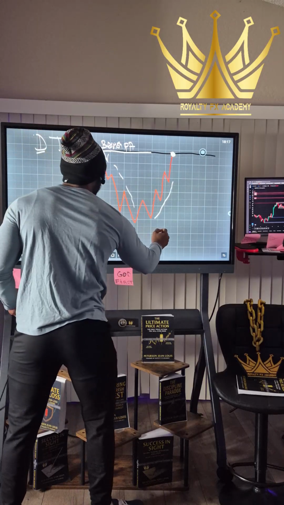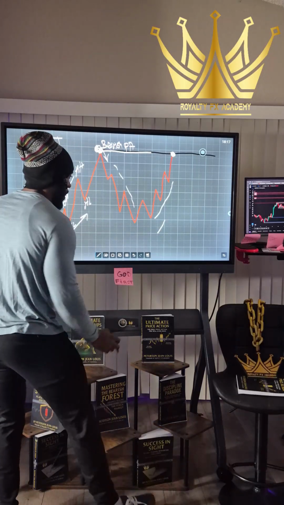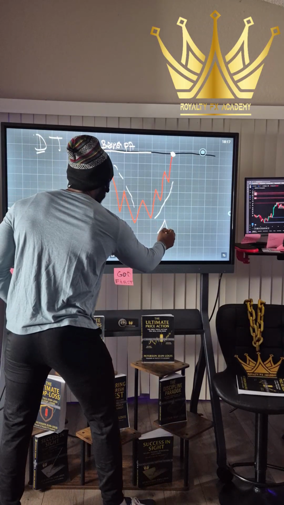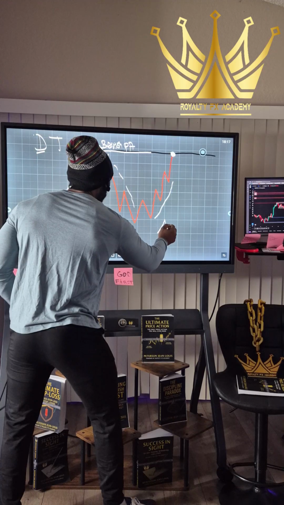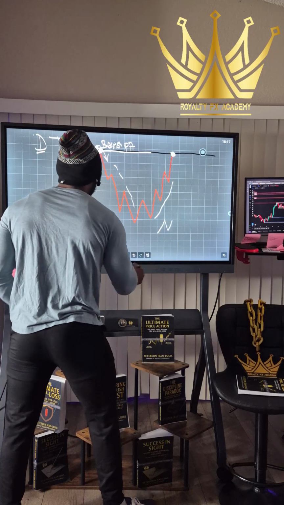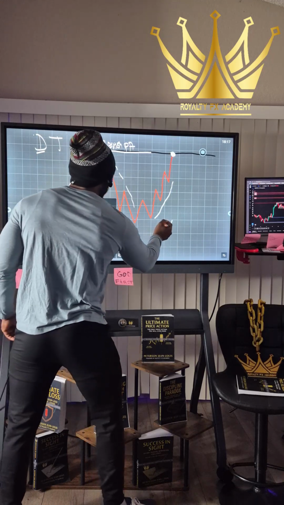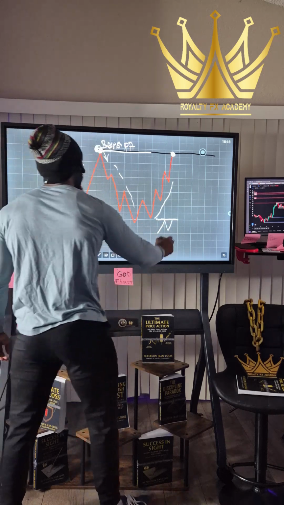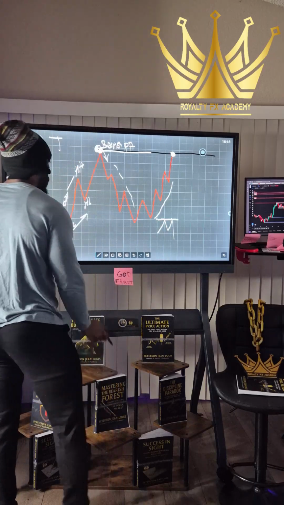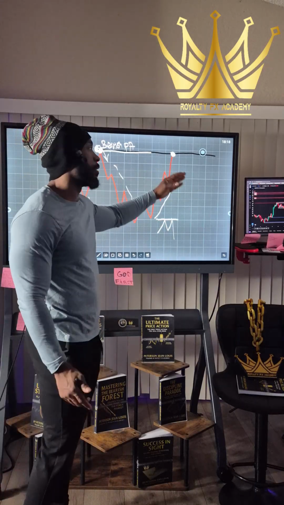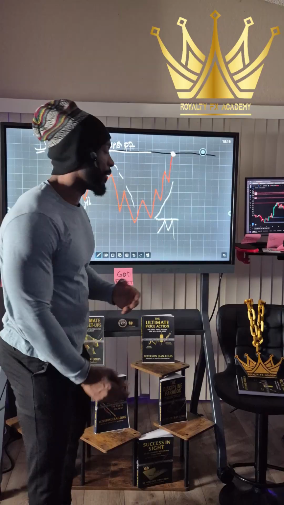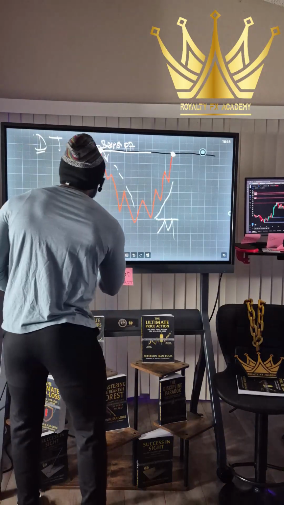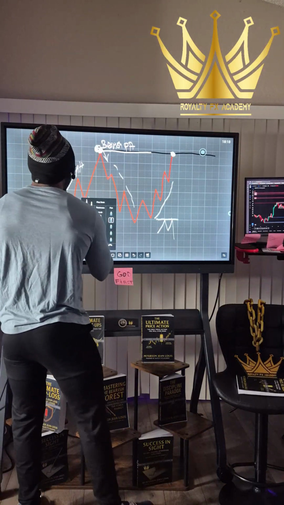Meaning it went up, came down, and then went right back up, like so, to fall back down. So see right here would have been your zone. See, it hit the zone exactly, and then turned back around. Now, of course, like before, when we got a double top, we always look for a bearish engulfing. And here is our bearish engulfing.